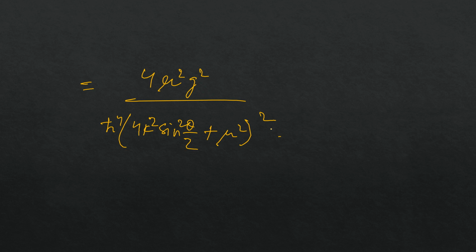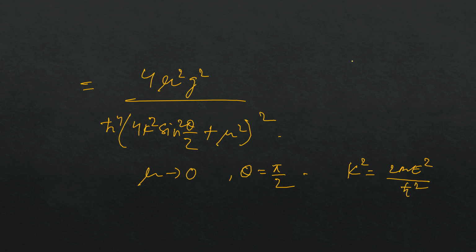Now mu tends to 0, and theta is pi by 2. Just put it there. We know k square is 2mE by h cut square. Just put everything in.